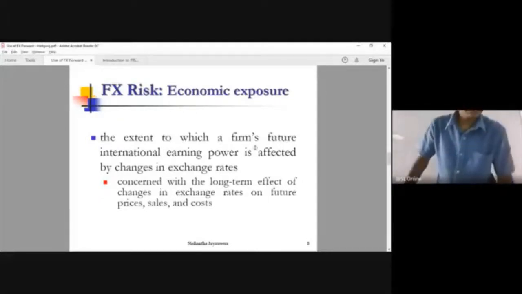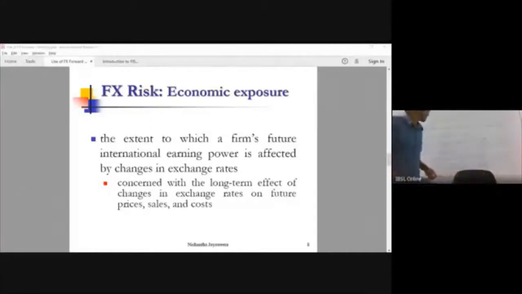If I go back to the previous tea exporter example, when the Euro-LKR exchange rate is 210, he can price 1 kilo of tea at €2.